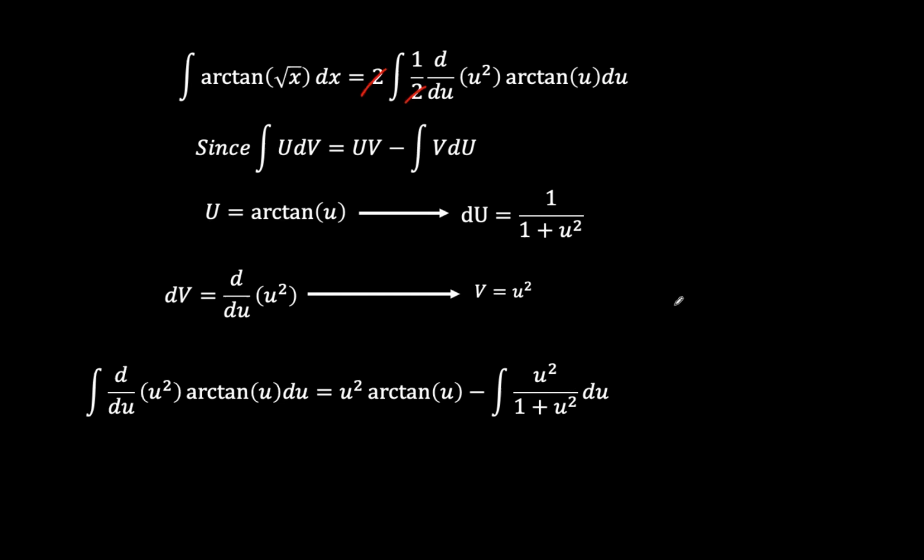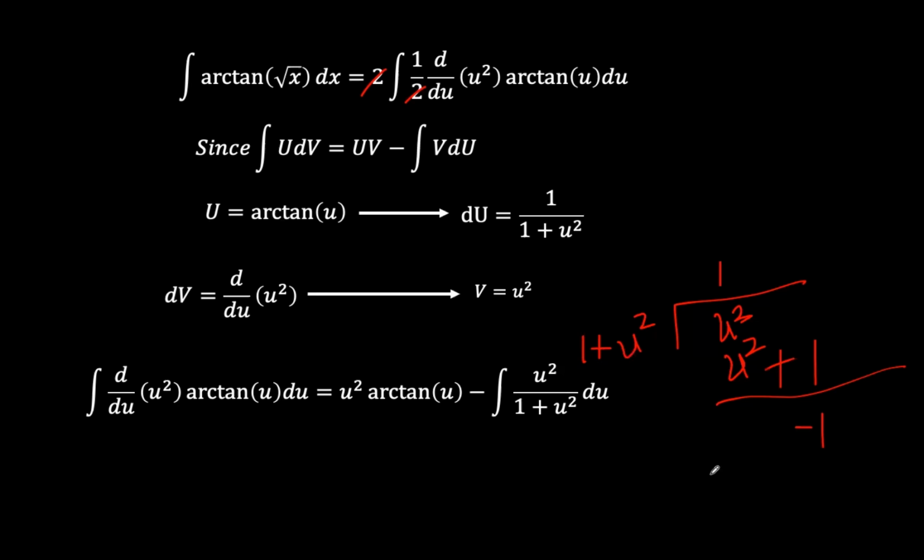Now we can do long division here, just to make things easy. If you have u squared here, and you have 1 plus u squared outside, multiply by 1, so we have u squared plus 1 here, and so we have a difference, a residue of -1.